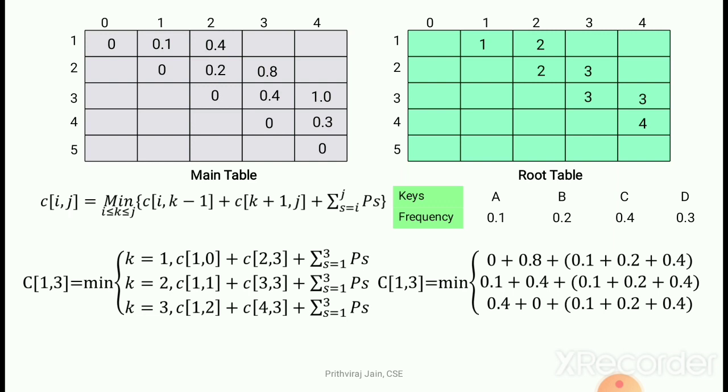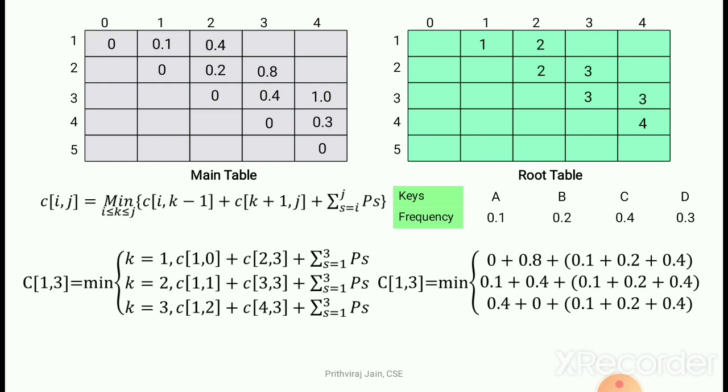As you can observe here, C of 1 comma 3 is equal to minimum of, first, we have 0 plus 0.8 plus 0.1 plus 0.2 plus 0.3, and these remain the same for all the three rows, but the values of C of 1 comma 1 and so on are going to change here.